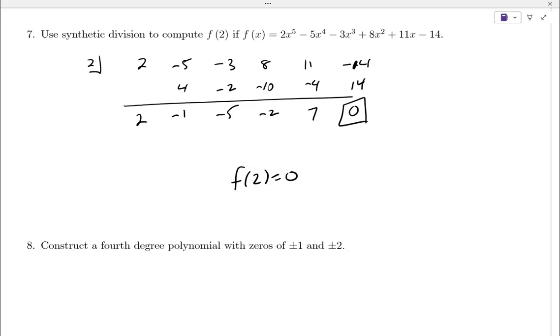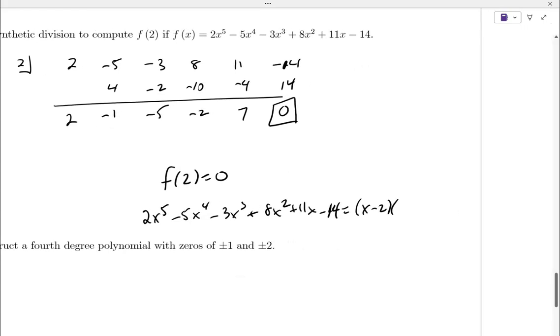So in particular, one way you could write, this is where we're headed in the next section. In particular, we know that 2x to the 5th minus 5x to the 4th minus 3x cubed plus 8x squared plus 11x minus 14 has to be x minus 2 times something, right? What's left over is that quotient that we just found.